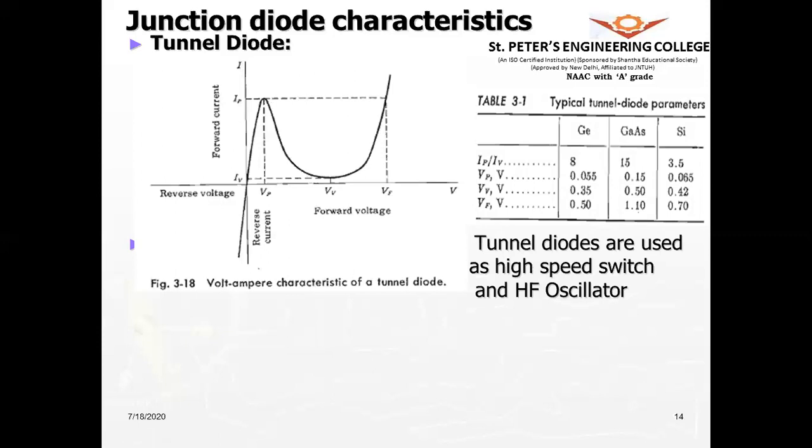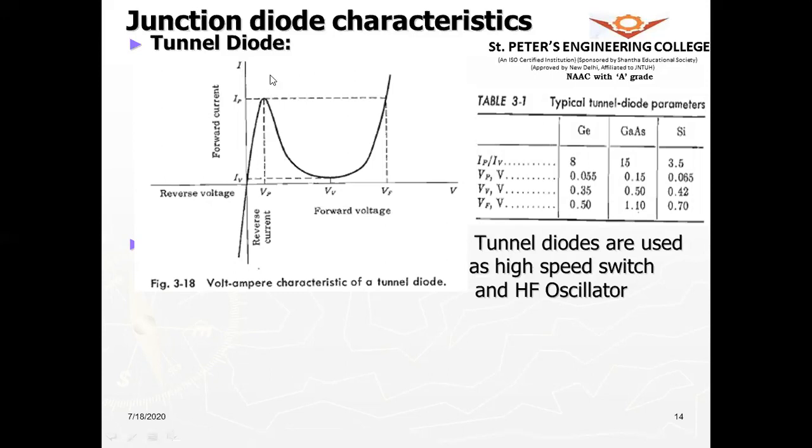The problem when we are talking of a junction diode is, if you want to make the junction diode work as a simple switch, you have to go into the forward bias region, then you should go to the reverse bias region, and we saw just now that all this minority charge storage time will contribute to the delay in switching, whereas in the tunnel diode there is no such drawback. Therefore the tunnel diode will be used for high speed switch operation, and it is used as a high frequency oscillator.